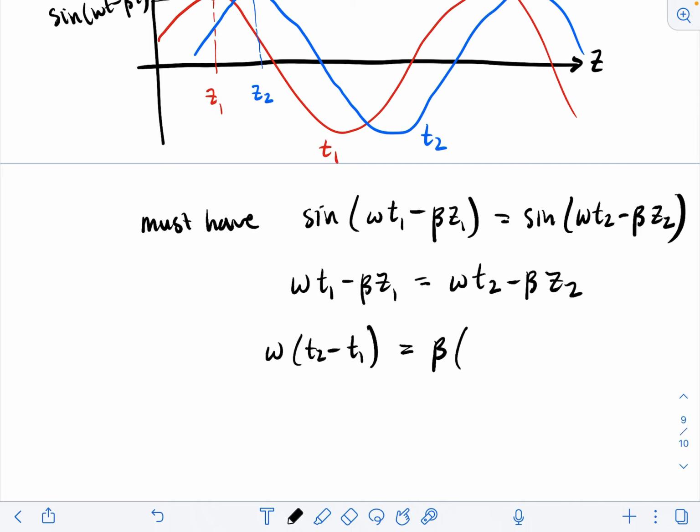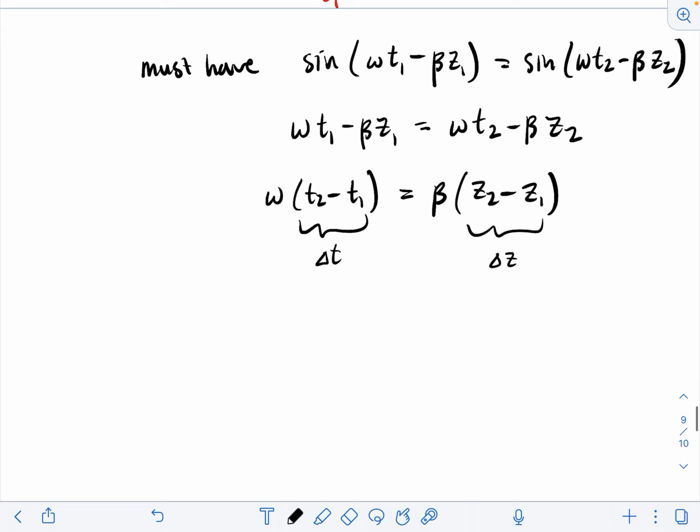We're going to take the z2 over to the left-hand side in the top equation here. But t2 minus t1 is just a change in time, and z2 minus z1 is a change in position. And so that must mean that omega divided by beta is equal to delta z divided by delta t.